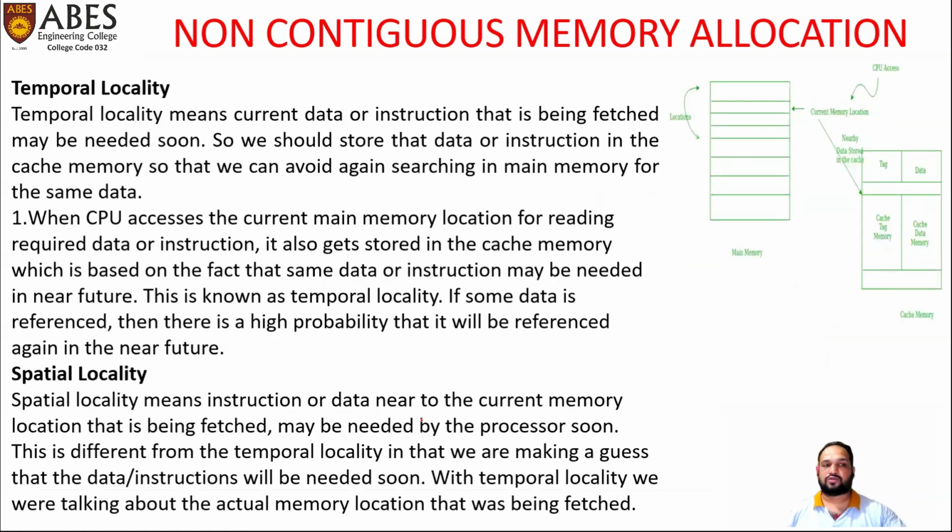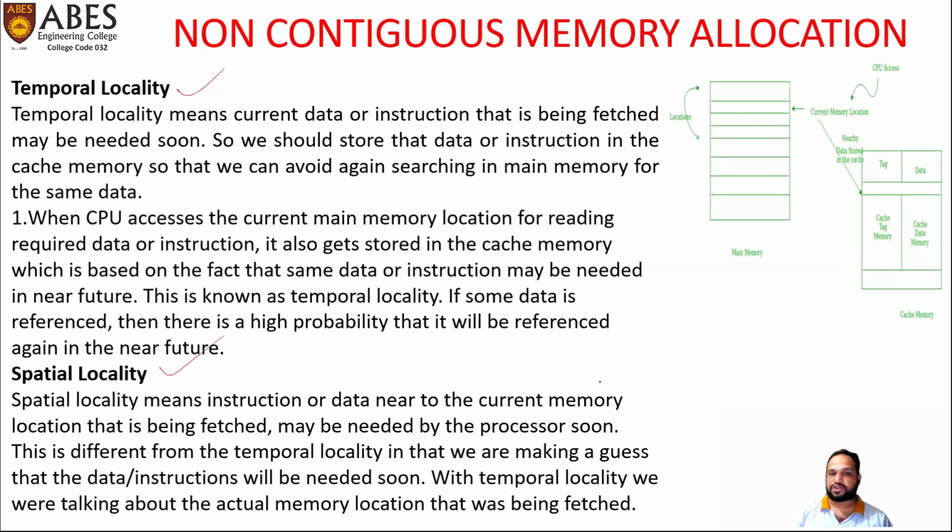So there are two different methods that we are going to use: temporal locality and spatial locality. What is the difference between temporal locality and spatial locality? Temporal locality means the current data or instruction that is being fetched may be required by the CPU very soon.